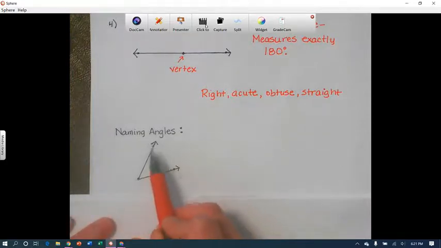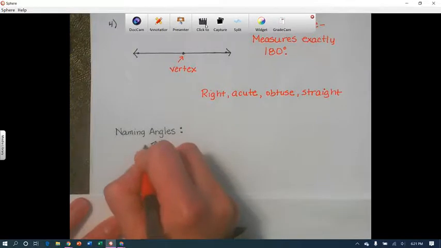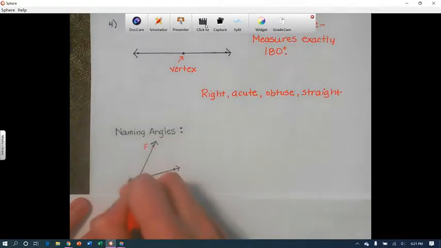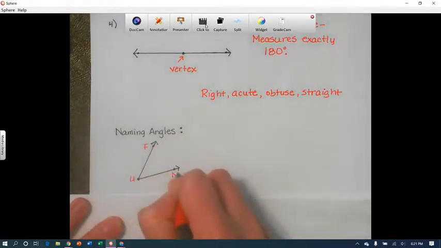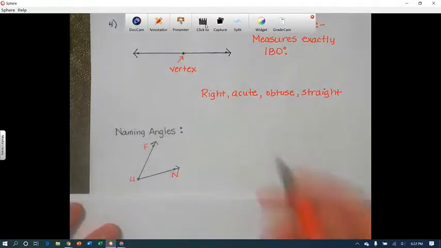And so each point of the ray, I'm going to assign a different letter. And so I'm going to say this point is F, U, and N. And so this angle we could name 2 different ways.